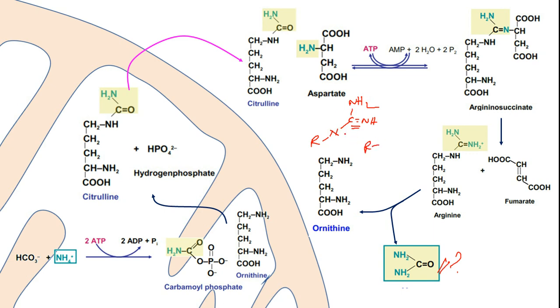So in one of the resonance stabilized structures, you will have this type of unit. Now this is like an amine. Now you can hydrolyze this one so that RNH2 is formed over here, and now this will become urea. This is nothing but urea. So this is the way ornithine is obtained.